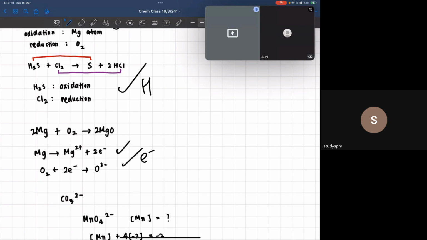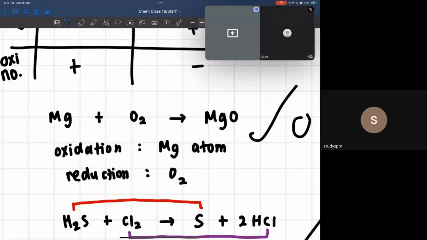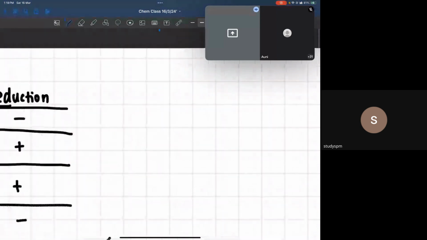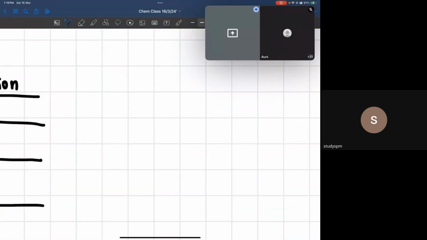For oxidation. If any substance undergo oxidation, the substance itself act as reducing agent. This one is just kasih terbalik. This one, yeah, when I first time masuk Form 5, I also took a bit of time to think, okay, this one undergo oxidation. Then which one act as oxidation agent?